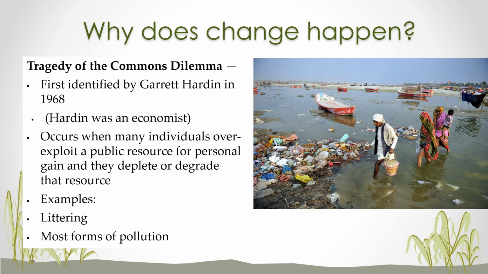There are many really good examples of the tragedy of the commons. I find if we're going to talk about the actions of individuals, just normal people, the horrendous pollution of the Ganges River in India is a really tragic example of the tragedy of the commons. The Ganges is the largest river in India.